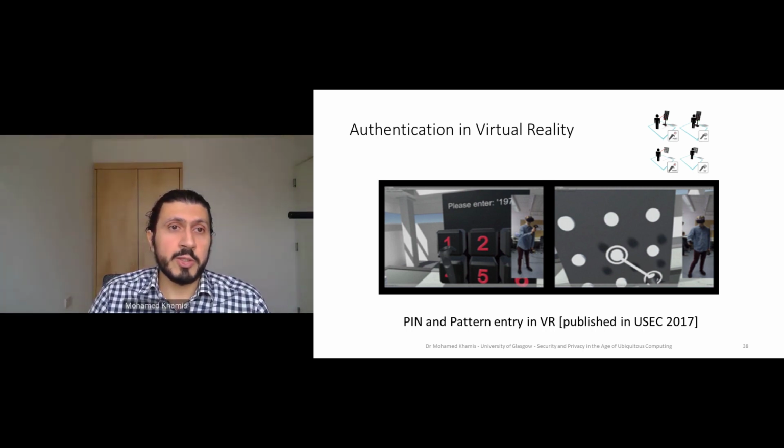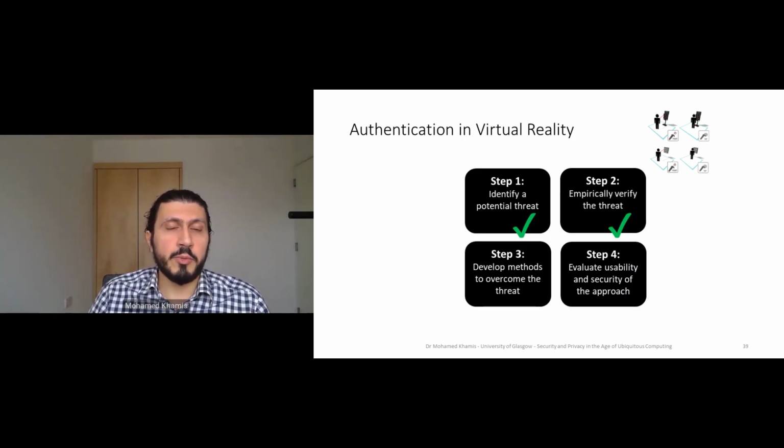Here we did a study where we recorded people entering passwords while having the VR headset on their heads, and we found that a lot of their inputs can be detected just by observing them. So we empirically verified the threat, and then the following steps were to try to develop methods to overcome that threat.